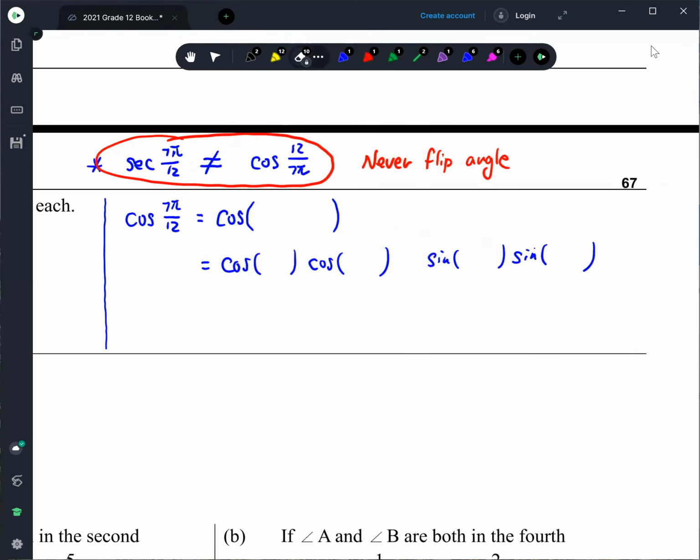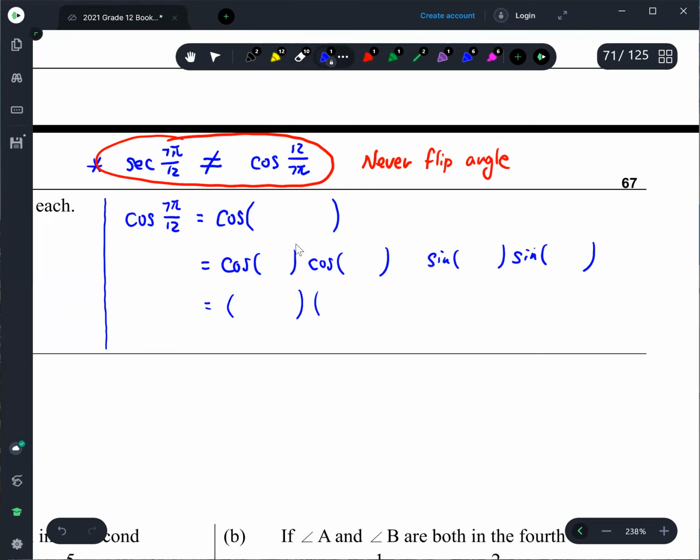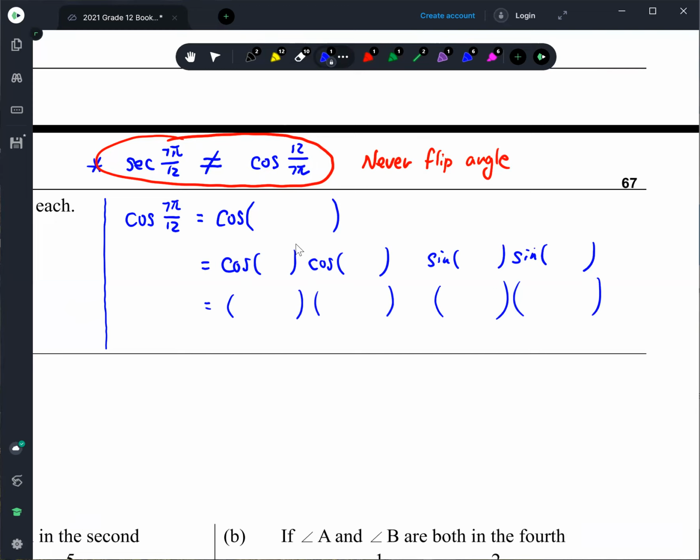Okay, so I'll let you try this out. This is similar to your homework. 7 pi over 12, how do you split the angles? And then find each of the ratios.